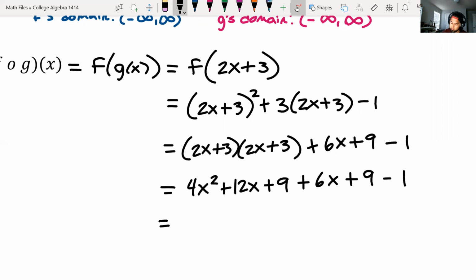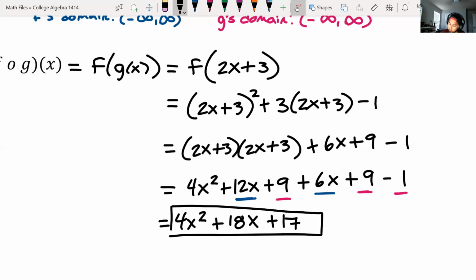We only have one x squared term, so there's a 4x squared which will come down. Then I have a 12x and a 6x, so 18x. And then I have 9, 9, and minus 1. So 18 minus 1, we get 17. And here is our composition function. This is the f composed g of x.